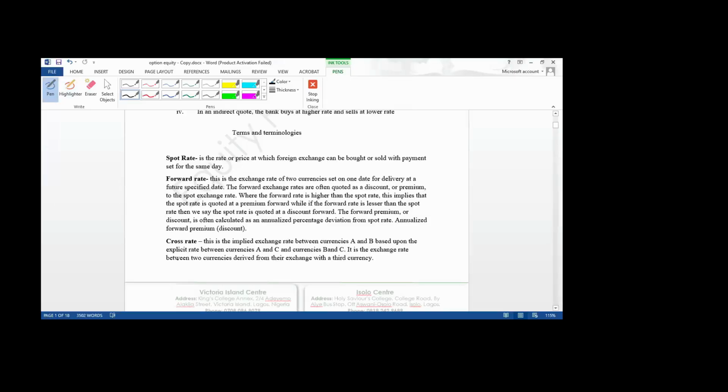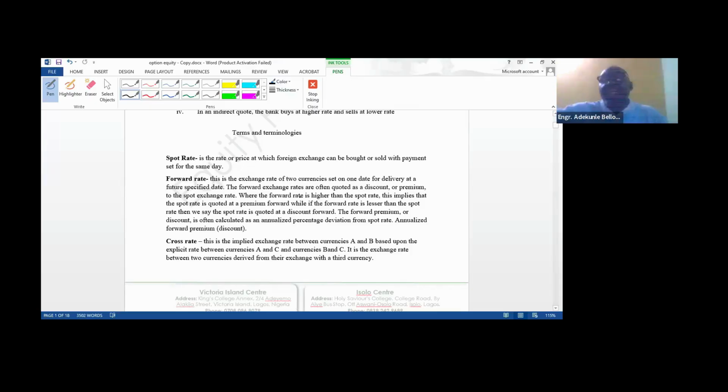If the forward rate is higher than the spot rate, this implies that the spot rate is quoted at a premium forward.